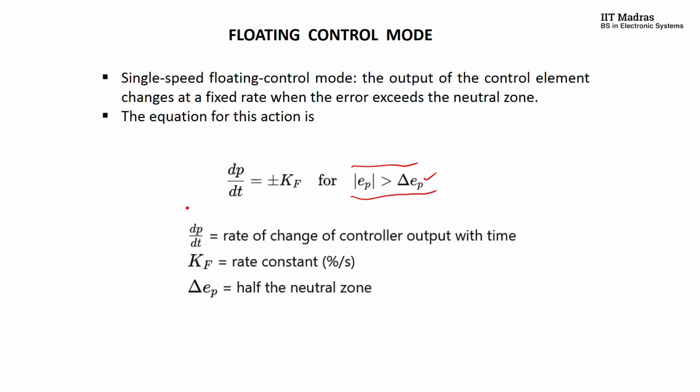That means if the error is exceeding plus delta EP or minus delta EP, you are changing the rate at which the controller increases or decreases its value, okay. The rate at which the controller value increases or decreases is dictated by the thresholds plus delta EP and minus delta EP.